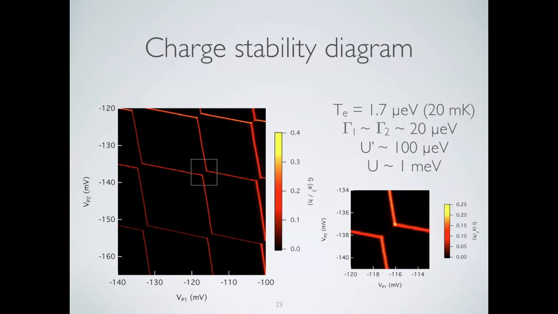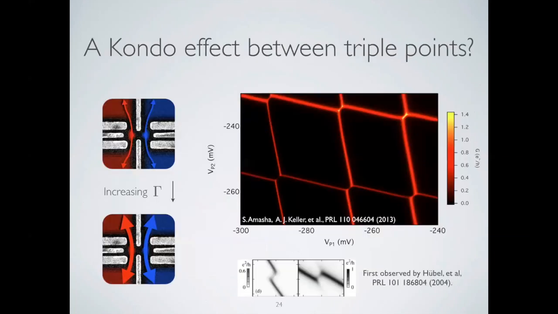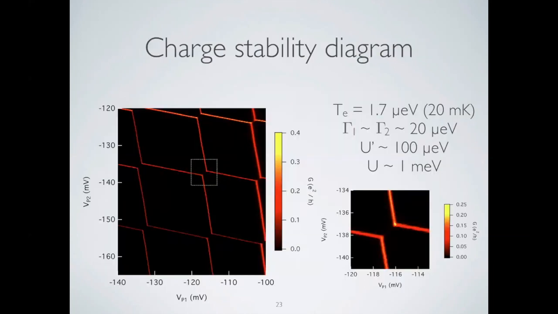And the reason that I'm showing you this, and I like this plot, is that it really illustrates that we can extract all of the parameters of the system with almost no uncertainty. But this is a sort of boring case where there's weak tunneling to the reservoirs. Let's now introduce more tunneling. And when we do that, we see that this region where we have that 1 extra electron has enhanced conductance. I should actually just go back for a moment.